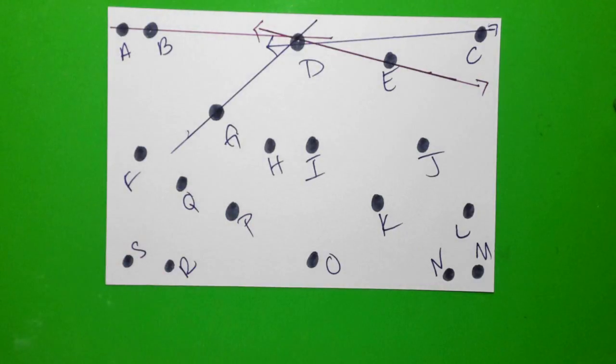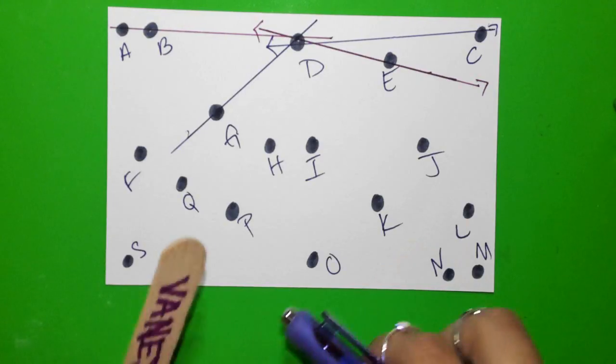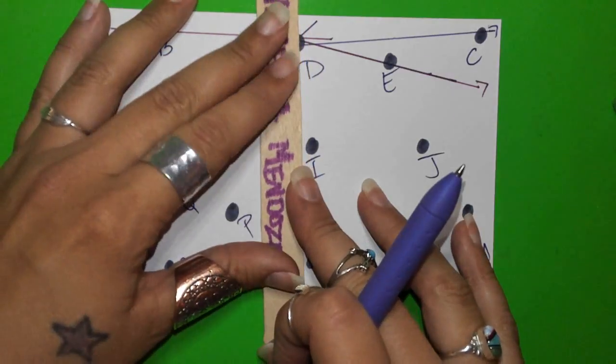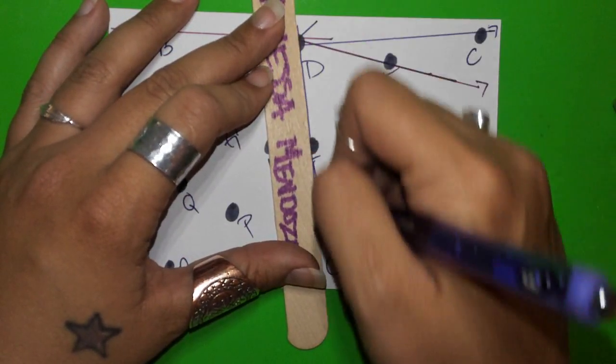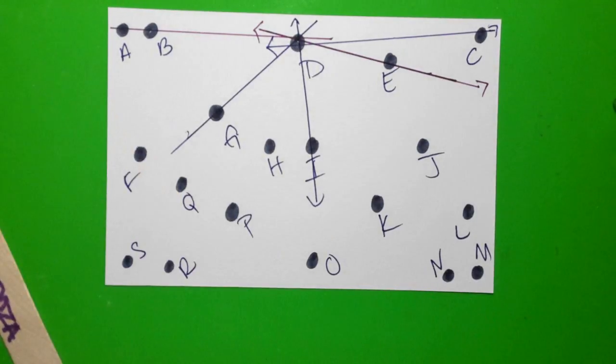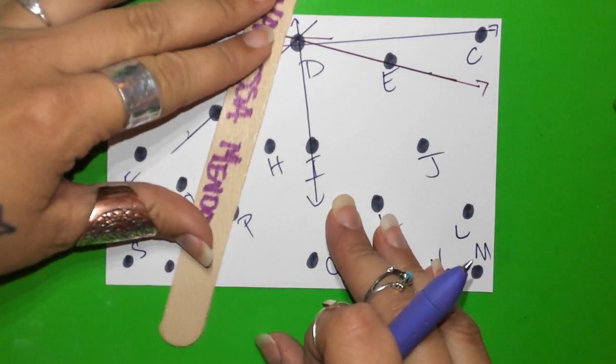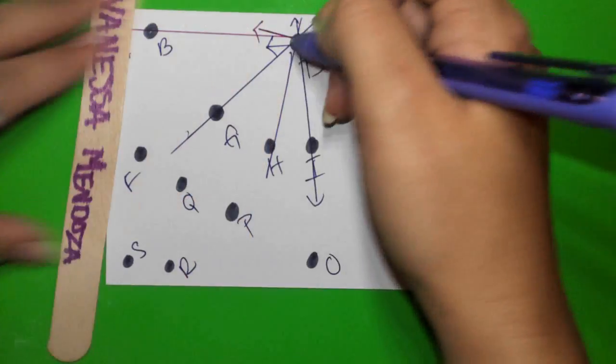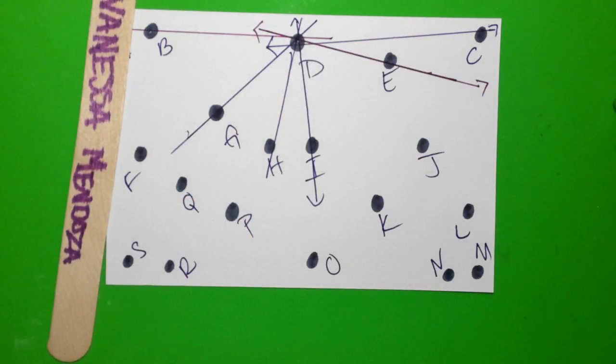Tell me another one, and I want it to go through D. Okay. Do we agree or disagree? Another one, Christian. Another one, Abby.